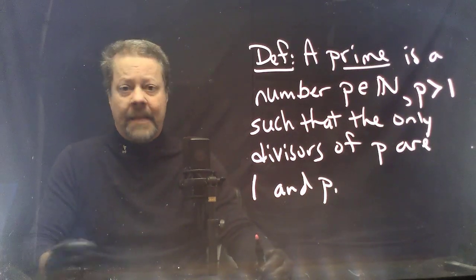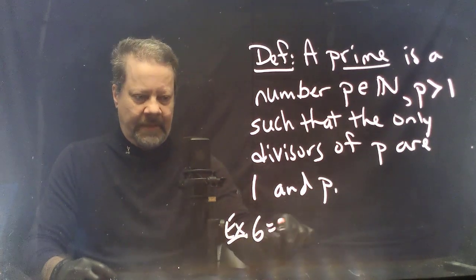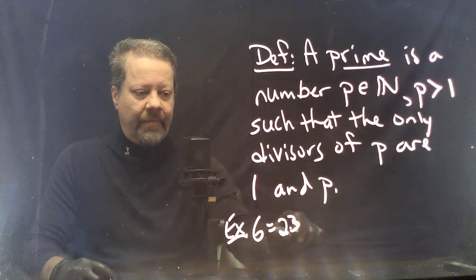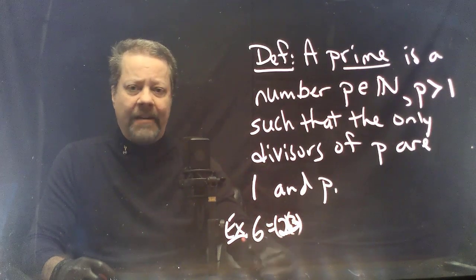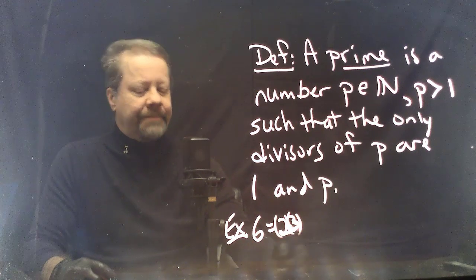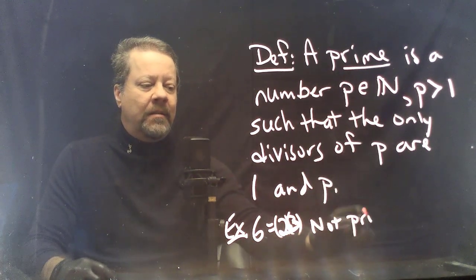An example of a number that's not prime: 6 is 2 times 3. So 6 is divisible by 2 and 3 as proper divisors, which means 6 is not prime.